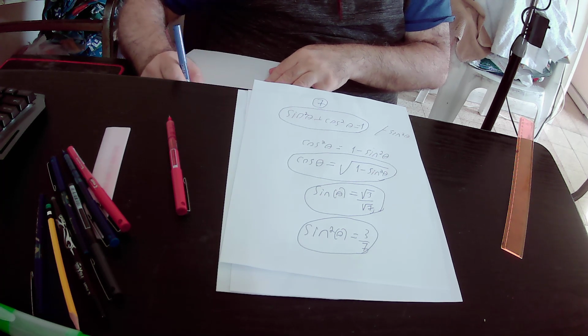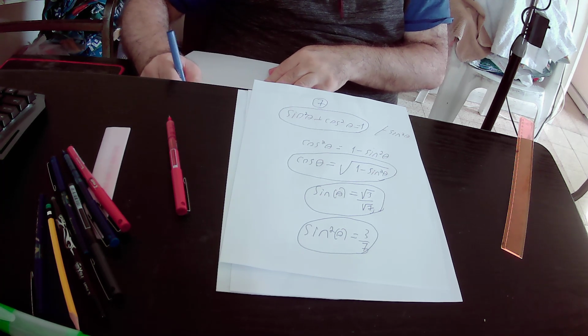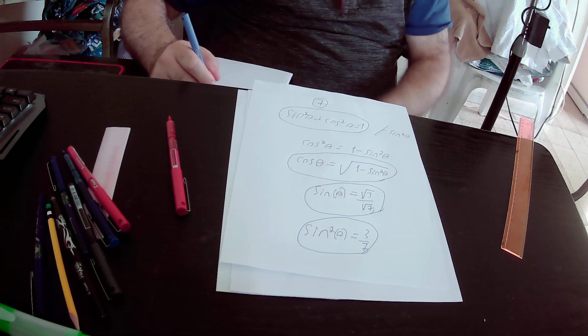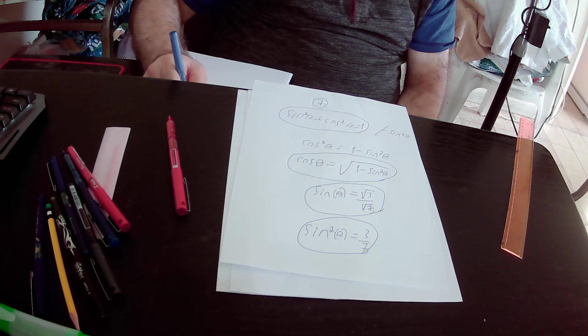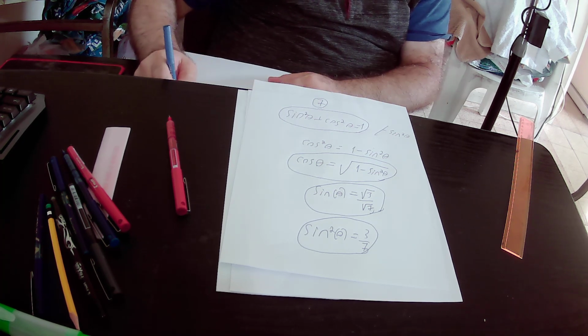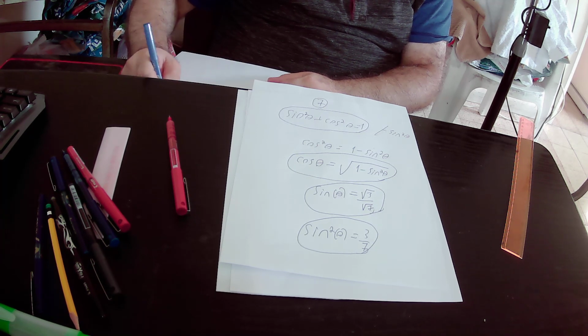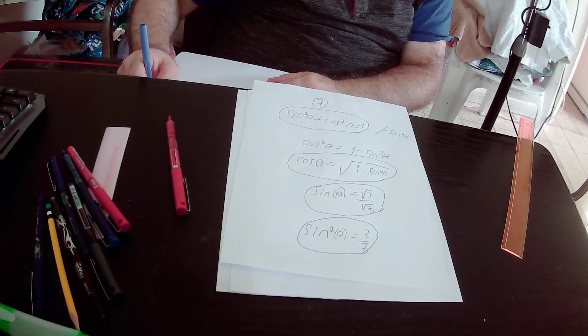So we will get that cosine theta equals the root of 1 minus 3 over 7.